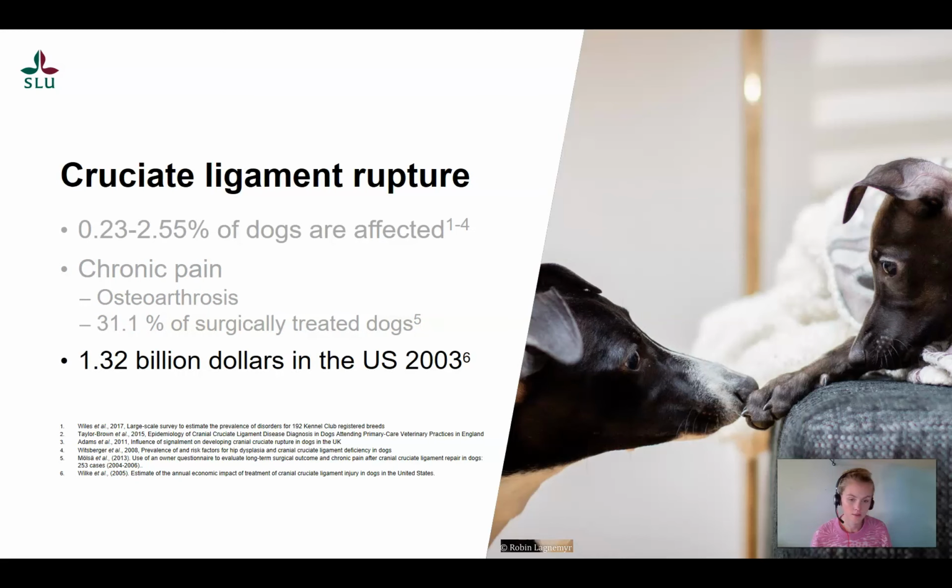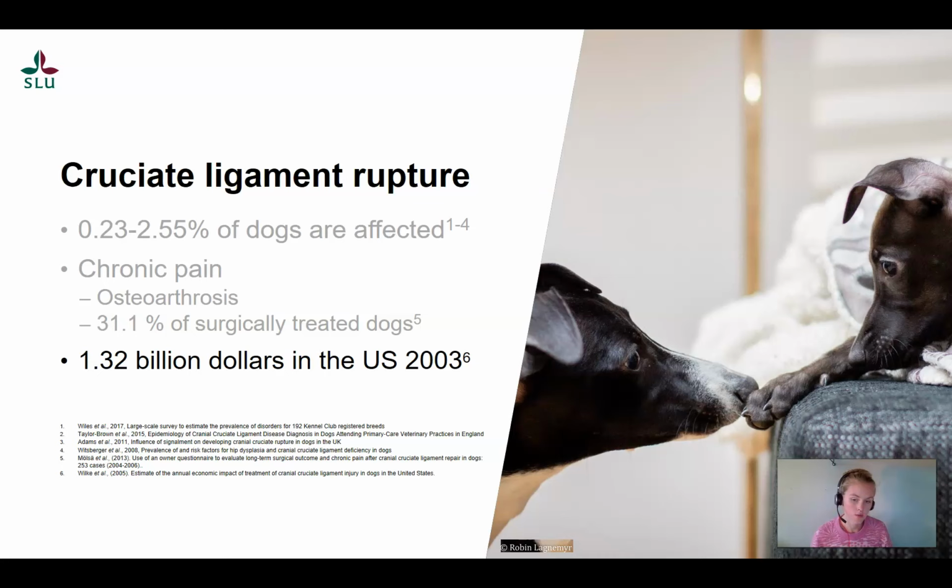In addition, the surgical procedures used for treatment of cruciate ligament rupture are complicated and associated with high costs. As an example, dog owners in the US spent $1.32 billion on treatment of cruciate ligament rupture in their dogs during 2003.